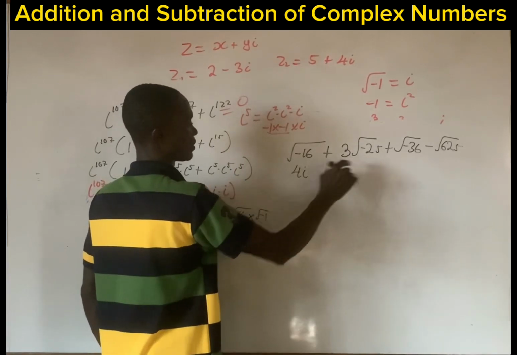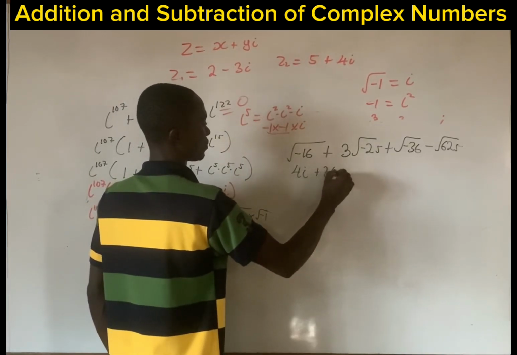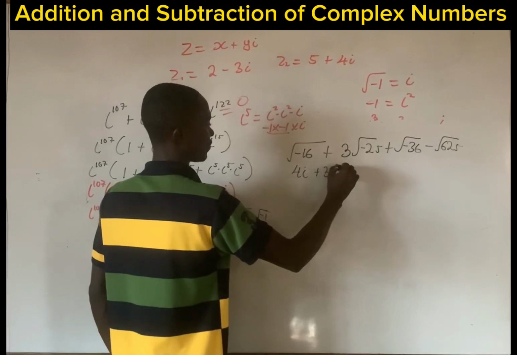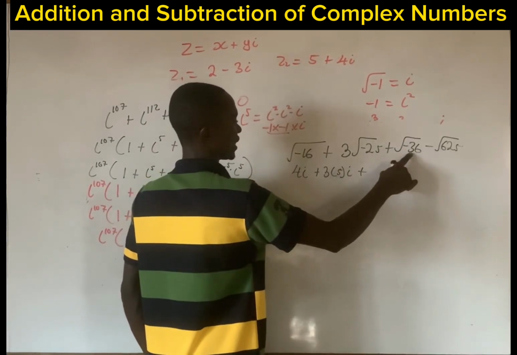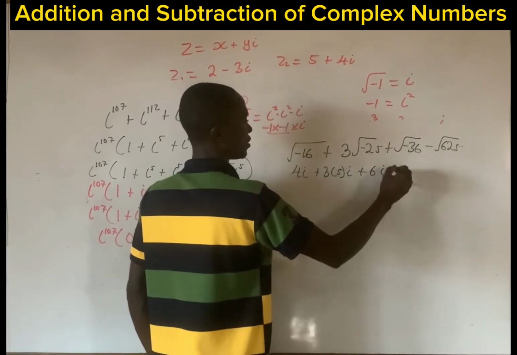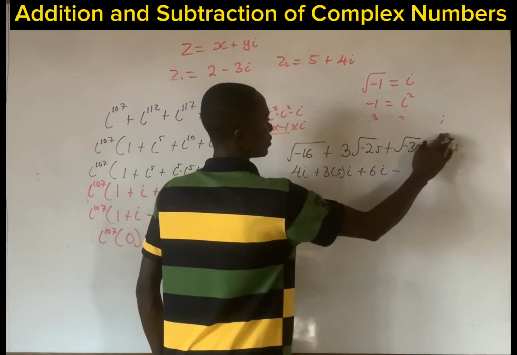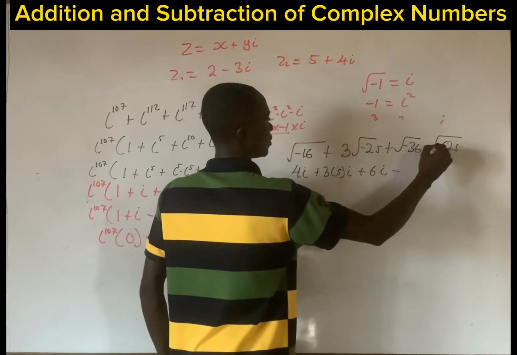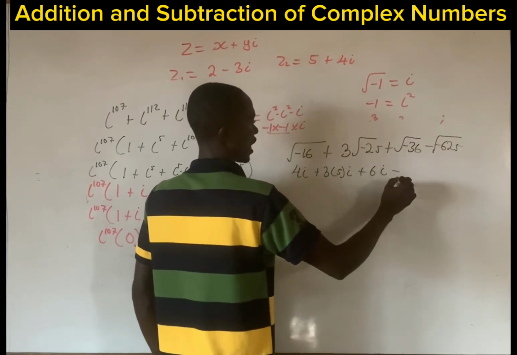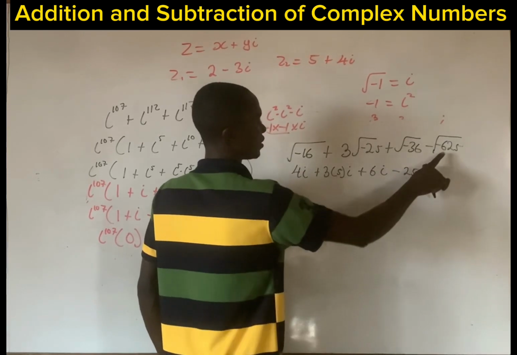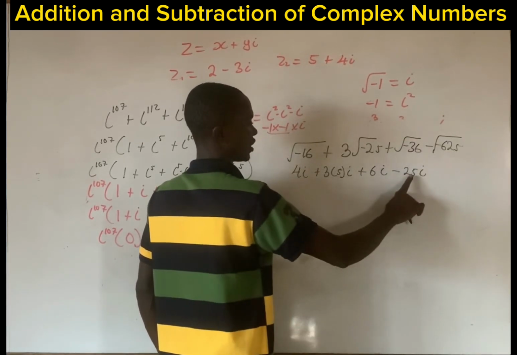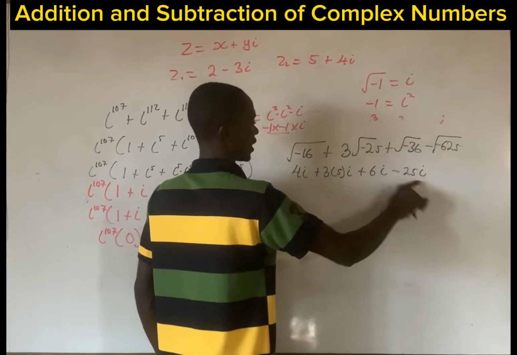The same thing, this gives us plus 3 times root 25 is 5, and we have i, plus root 36 is 6, then we have i, minus 25i, that is root 625 is 25, and root of negative 1 is i.